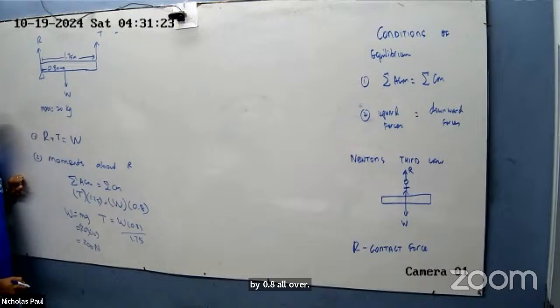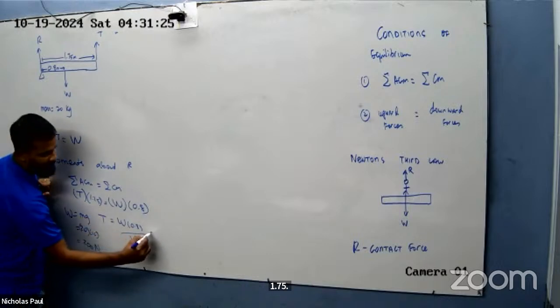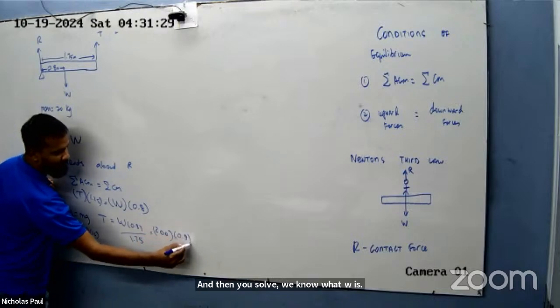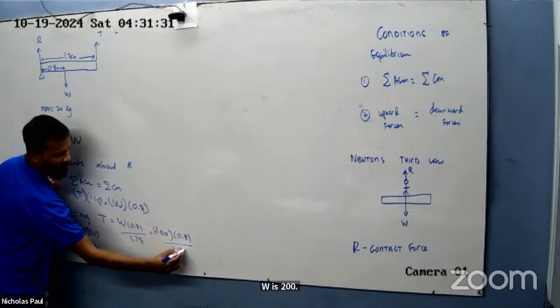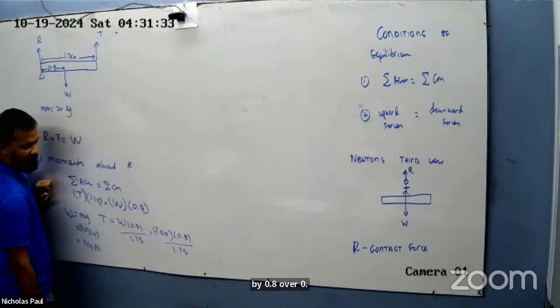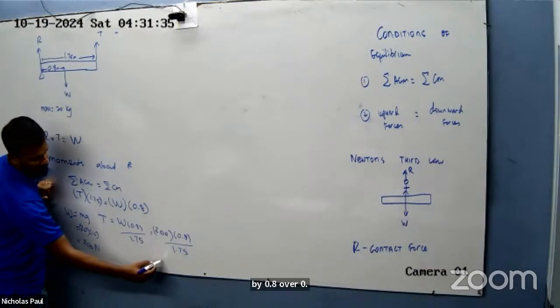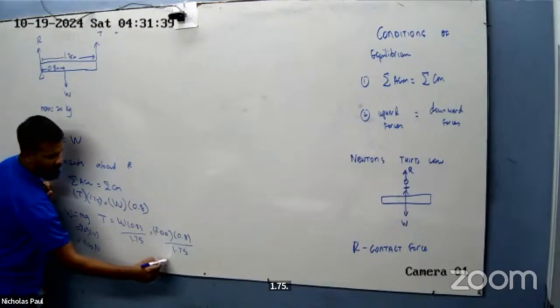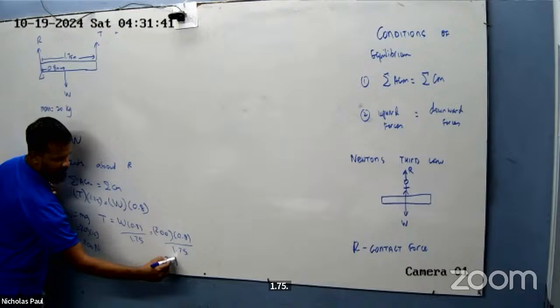We know what W is: 200 by 0.8 over 1.75. When you work it out, you get 91, rounded up to the nearest whole. 91.